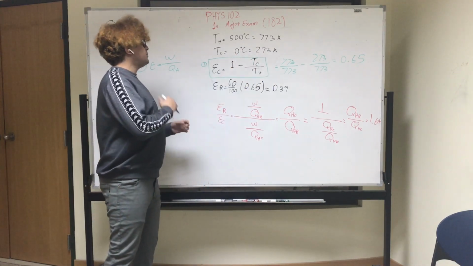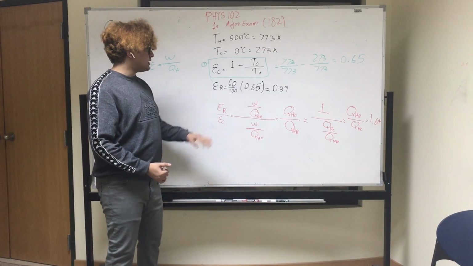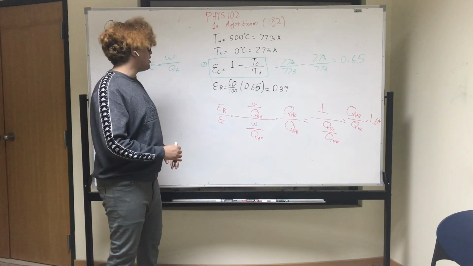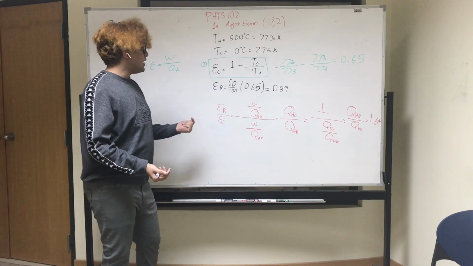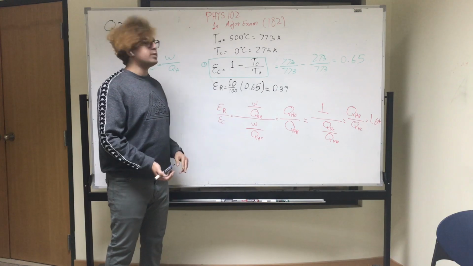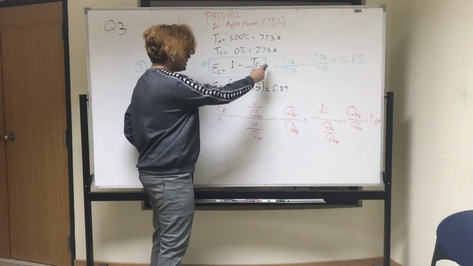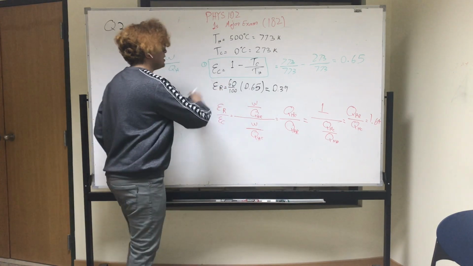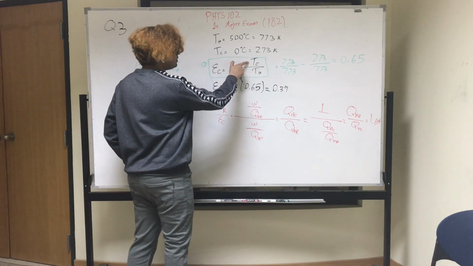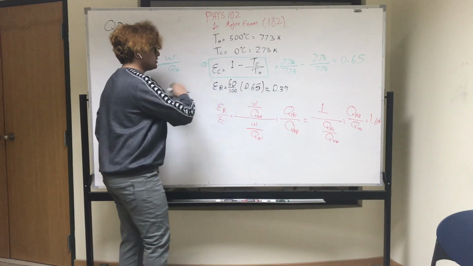All right, so it says in the problem that the efficiency of the real engine is 60% of the efficiency of the Carnot engine. We don't know the efficiency of the Carnot engine, but we can calculate it from our equation sheet. This equation is on our equation sheet, and it says if you subtract the ratio between the cold and hot temperatures from 1, you'll get the efficiency.